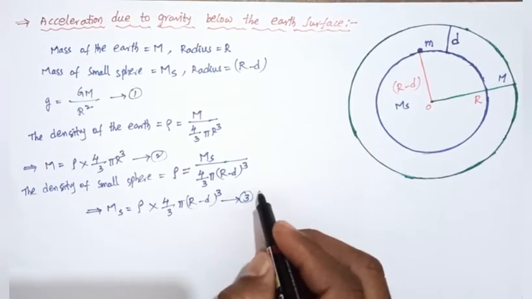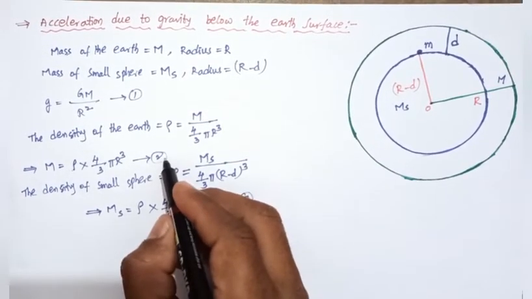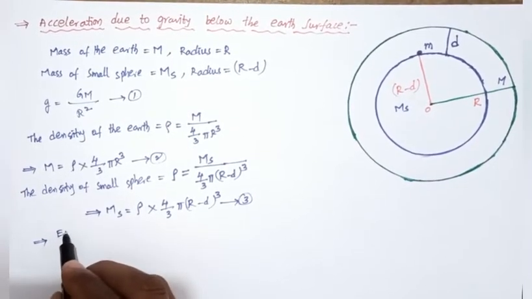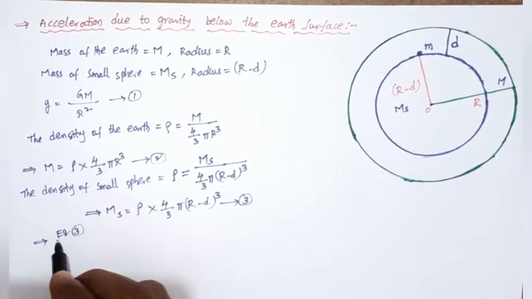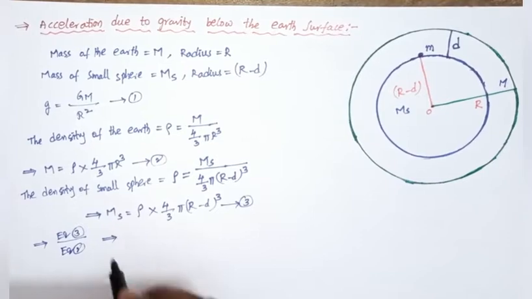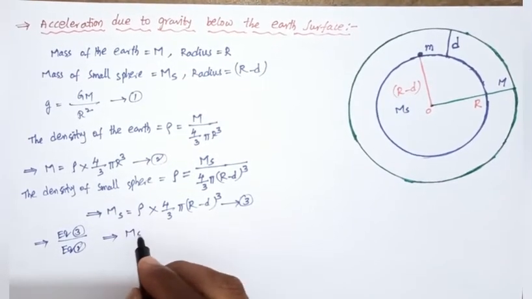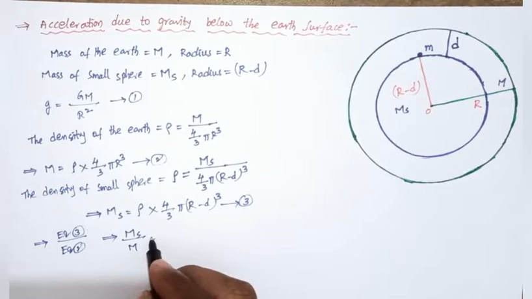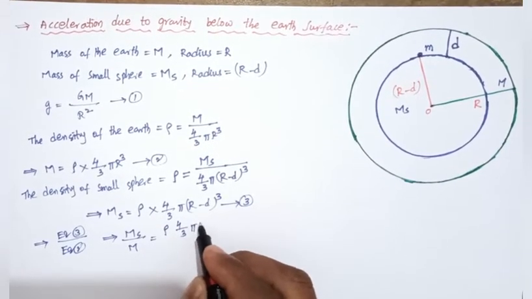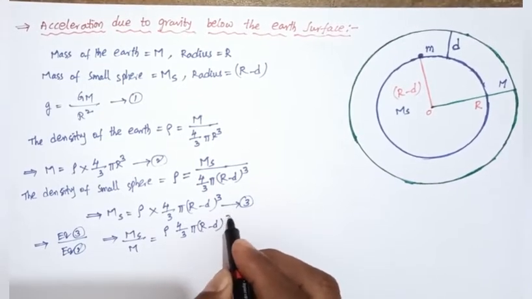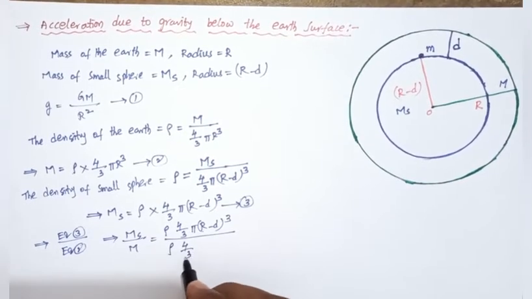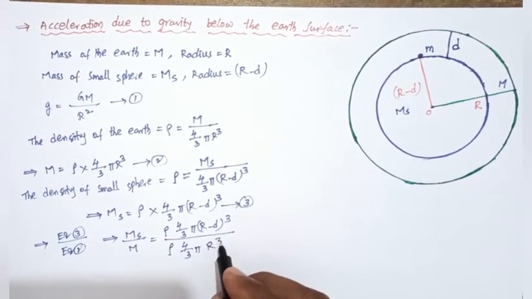Equation number 3 is divided by equation number 2. We get ms by M equals rho into 4 by 3 pi (R minus d) whole cube divided by rho into 4 by 3 pi R cube.